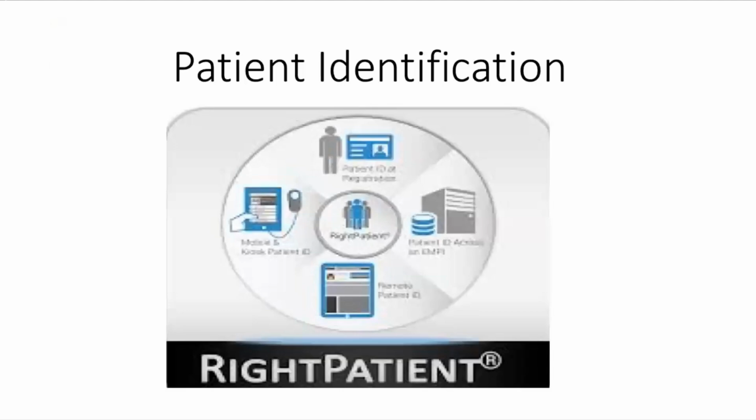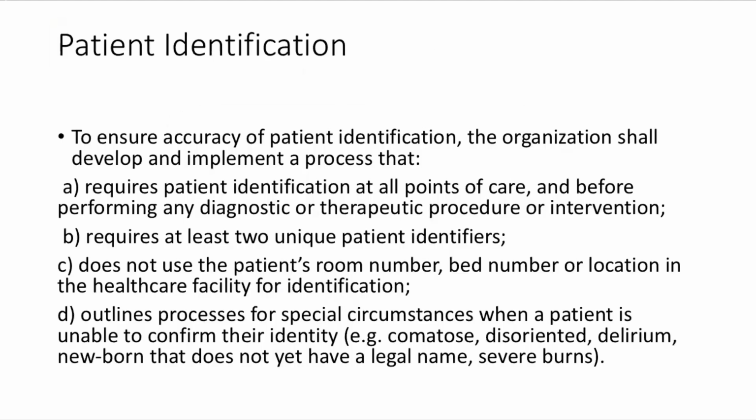Patient identification is very important in every area, at all points of care, whether it is some diagnostic process or therapeutic procedure. Suppose you have to put a Foley's catheter or Ryle's tube, or you have to perform some minor surgery, maybe tooth extraction, or some major surgery.